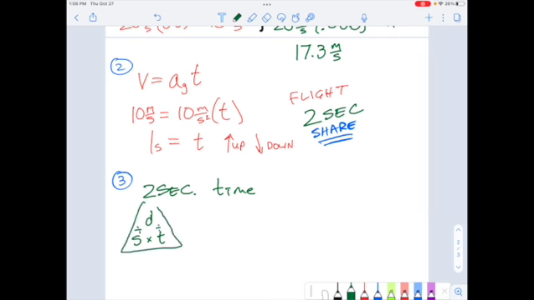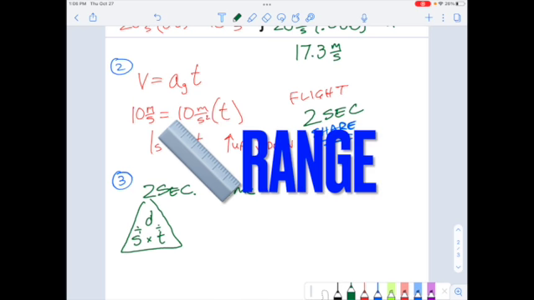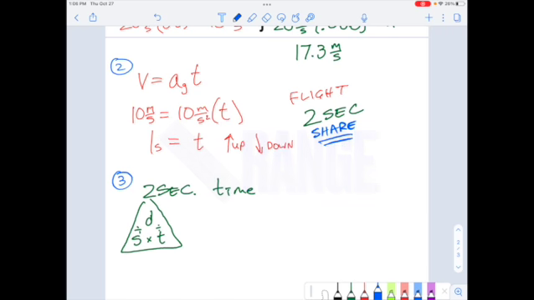That's our triangle. Sorry, this should all be in blue. This is all horizontal. So we have a distance that is unknown. We have a speed that is given from part 1 of the solution, 17.3 meters per second, times 2 seconds.